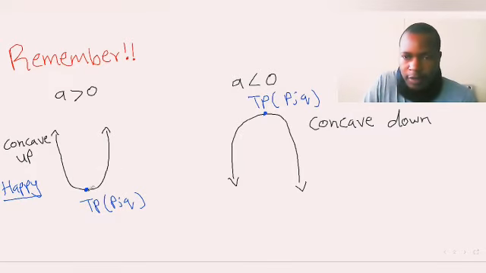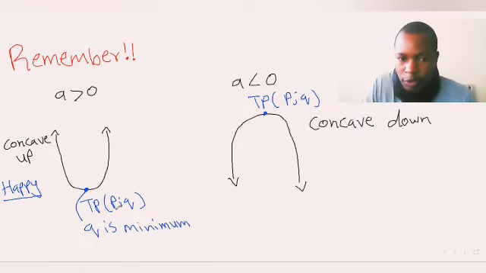So now what this means is that the turning point itself, which would be P is to Q, would be the minimum, or rather the y value, the Q, would be the minimum. So that would be a minimum value. So no value would be smaller than the Q. So that's if A is greater than 0, a happy face.